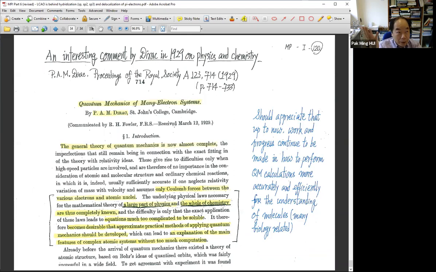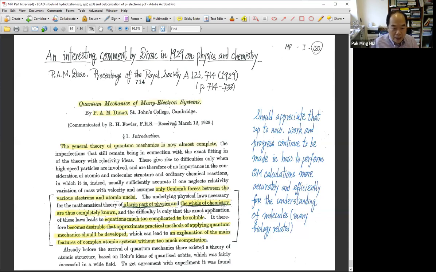His first paper, 1926, in quantum mechanics is about the commutator. The commutator of X and P is i h bar, what we call the Poisson bracket in classical mechanics of position and momentum. That is his first big contribution.